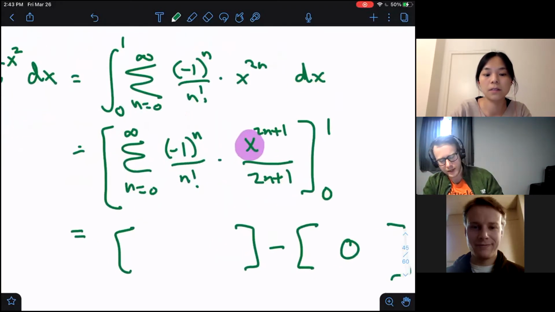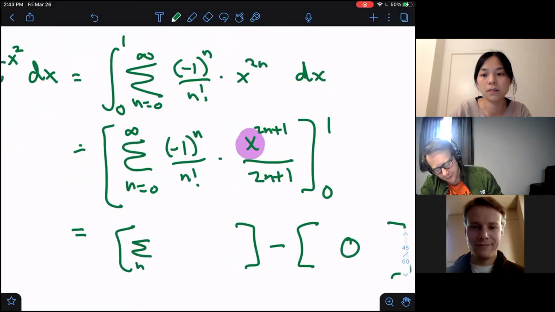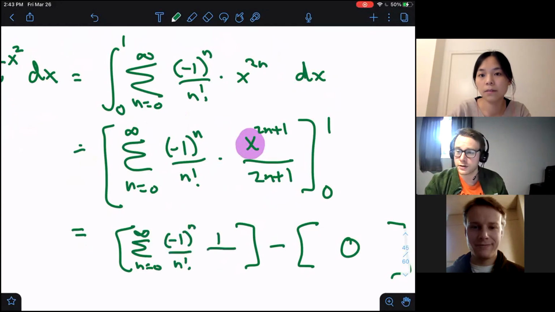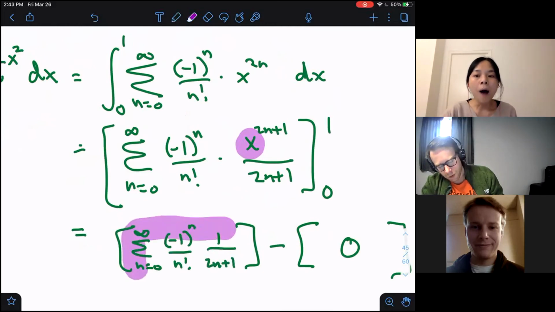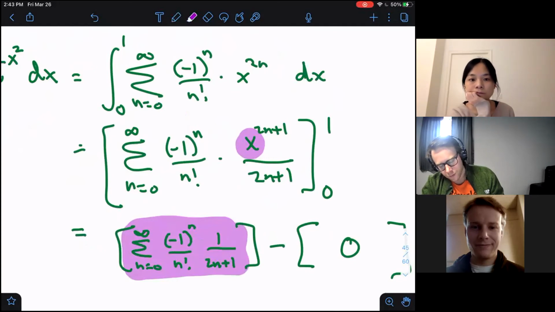And so the only piece here that contributes is going to be this. And when I plug in 1, well, 1 raised to various powers is awfully boring. It's just 1. And so this right here will be my final answer.